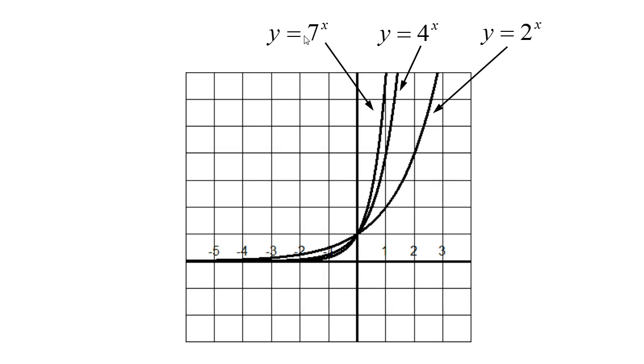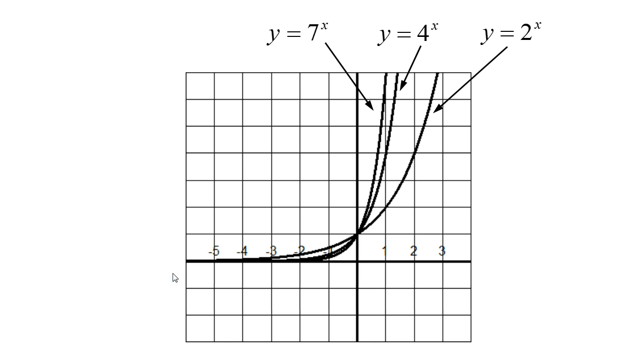When you look at the graph of exponential functions, there are a few things that you will notice. These have different bases, but notice that they all rise from left to right, and they all go through the point 0, 1. In fact, any base raised to the 0 power would be 1, except for 0. So 7 to the 0, 4 to the 0, 2 to the 0, it all is 1. So they all go through this point.